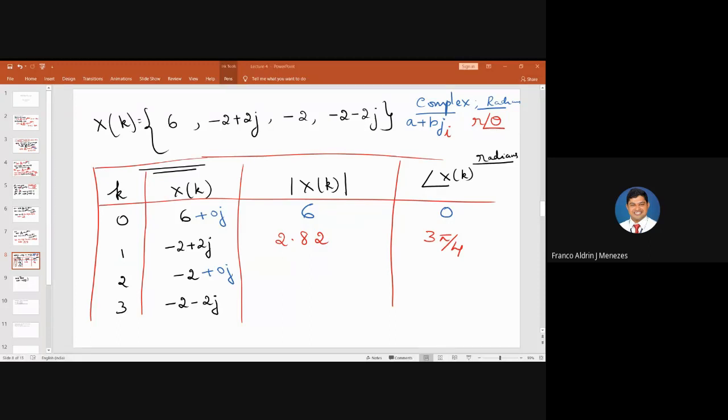Satvik, whether this is clear how to calculate? What is the difficulty you have to calculate? Please let me know. If it is possible, please unmute yourself and ask.